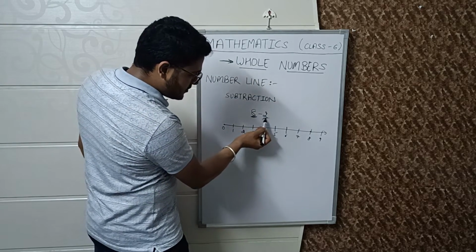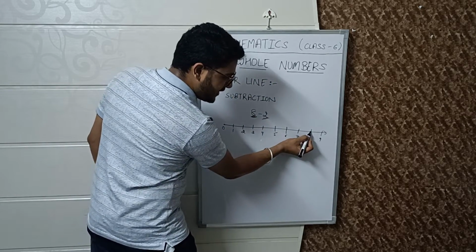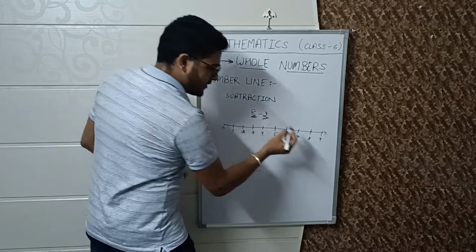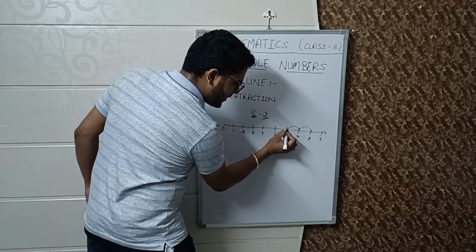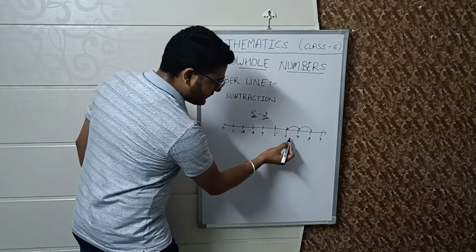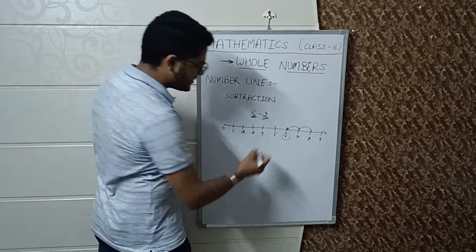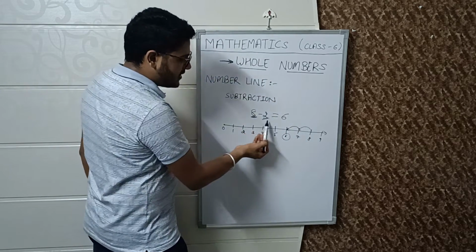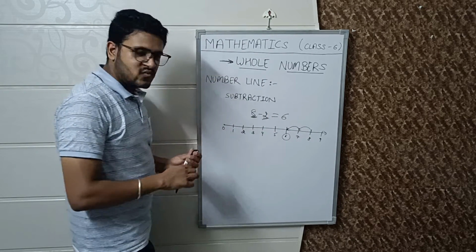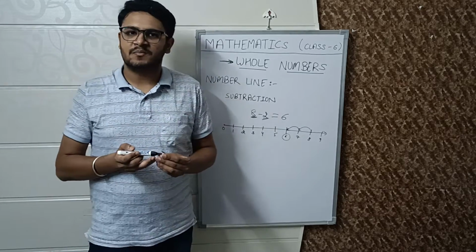How many jumps? 2 jumps. Starting from 8 towards the left side, and 2 jumps. 1 and 2, right? Where have we reached? 6. So our answer is 6. We also know 8 minus 2 is 6, right? So this is how we will do subtraction, right?